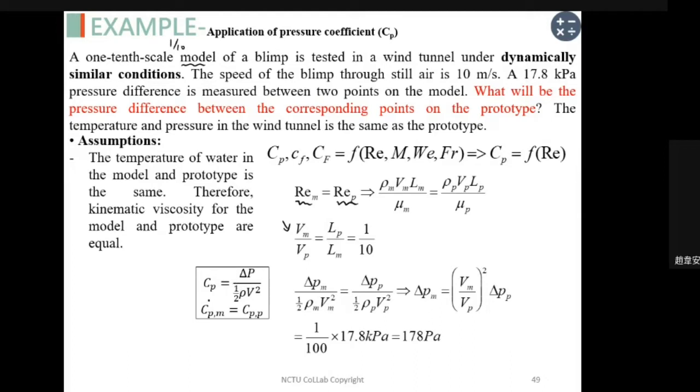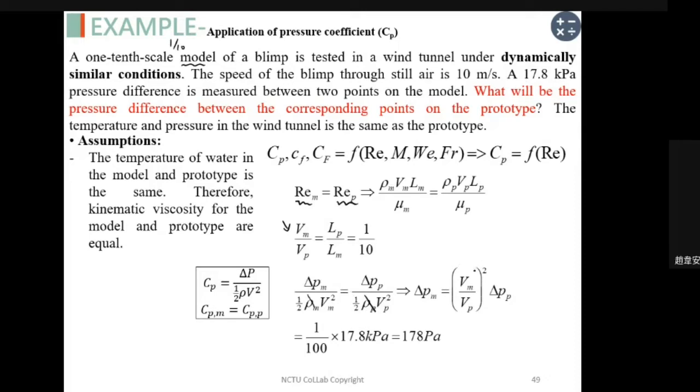So we write down the balance for the pressure coefficients. Delta Pm divided by 1/2 rho m Vm squared is equal to delta P prototype divided by 1/2 rho p Vp squared. So we just make the balance and cancel out some constant values such as the density in here.